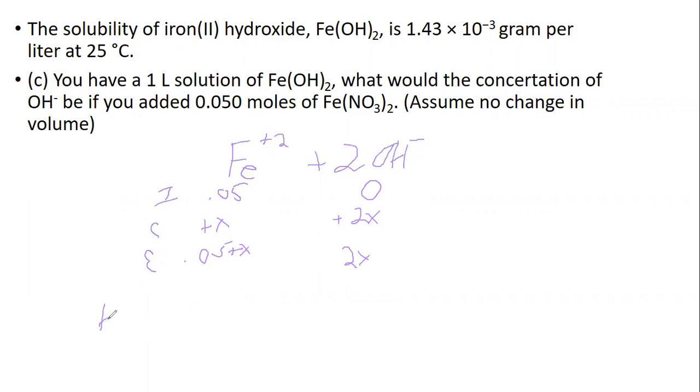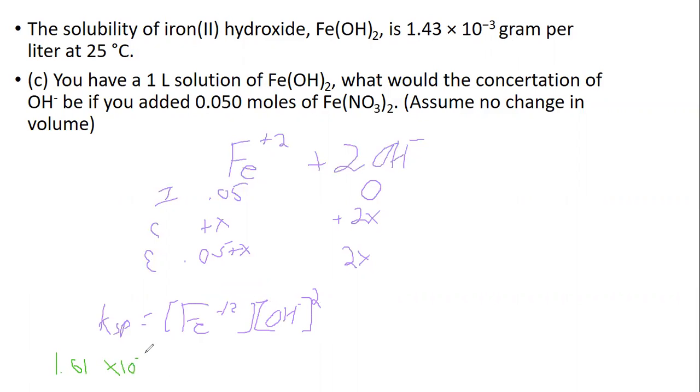It would be Ksp equals the concentration of iron at equilibrium times the concentration of OH minus at equilibrium, squared. And then we're just going to plug in what we have for the E's at the bottom. But we know Ksp is ridiculously small. It's 1.61 times 10 to the negative 14th, which we just found.